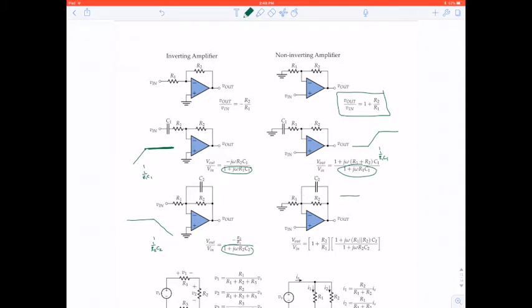We see a Bode response that looks like this, and the pole frequency is 1 over R2 C2. Using these, we can design filters that have all kinds of interesting frequency responses.